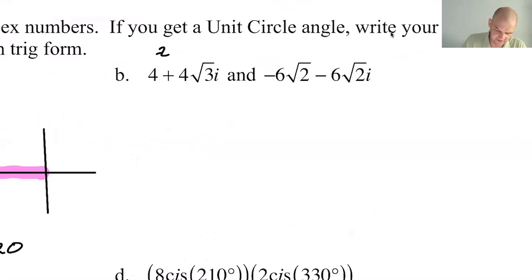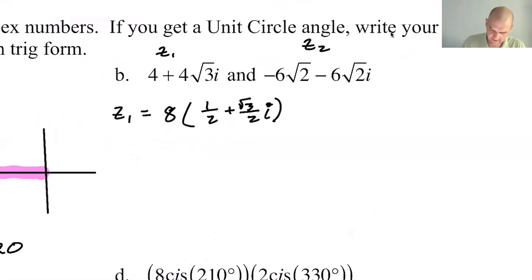So I'm going to say this is Z1, this is Z2. So Z1, I know that if I divide it by 8, I would get the unit circle. So I'm going to say it's 8, and then 1/2 plus radical 3 over 2i. So this will be 8 cis pi over 3.